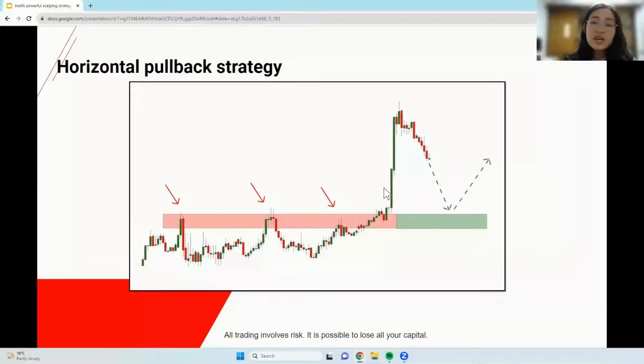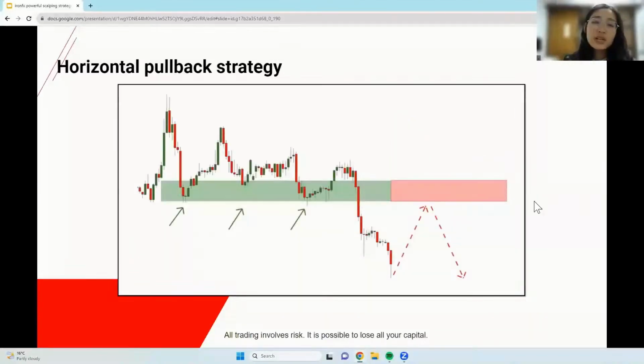In this case, since it's a resistance at first, we are now expecting it to become a support. Once price surpasses it, we call this a pullback support level.